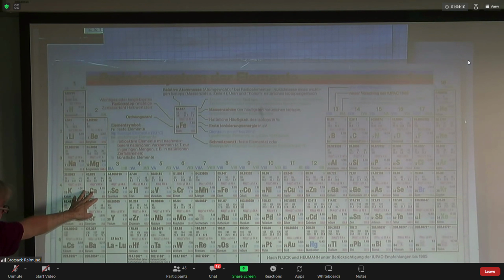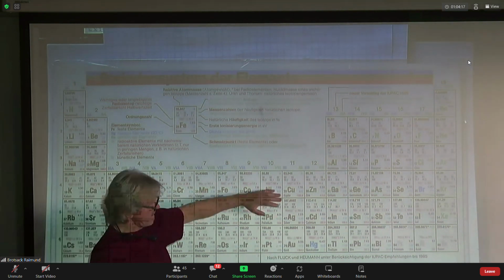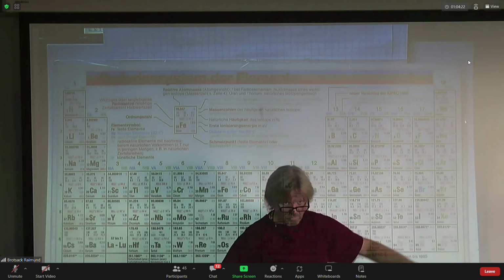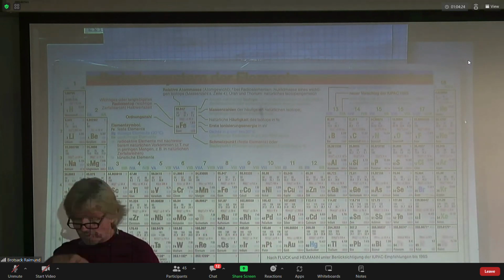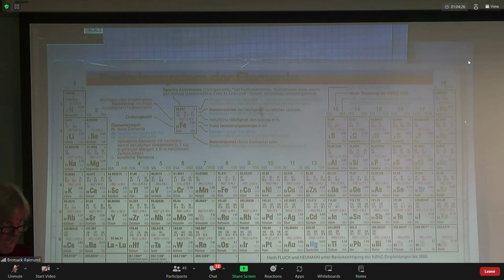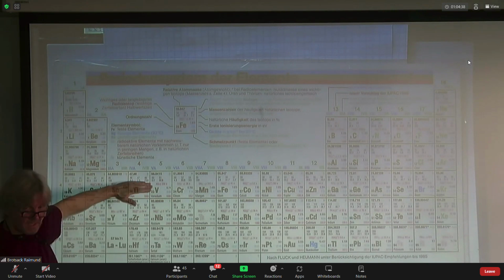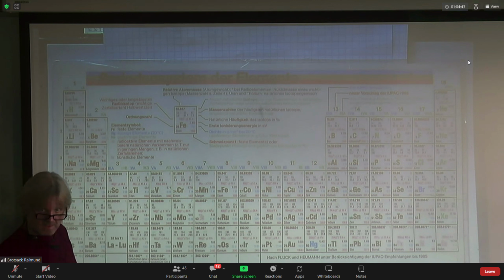And that's why after 4s filling up with electrons, the 3d orbitals are filled, and then the 4p. Please remember that rule which we were drawing, how to fill up the orbitals from bottom up related to their energetic level. That's why we have the 3d not here, we have them here in the fourth period. That's the reason. Okay?